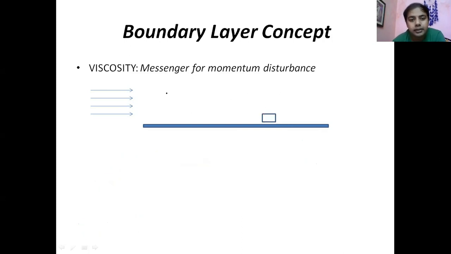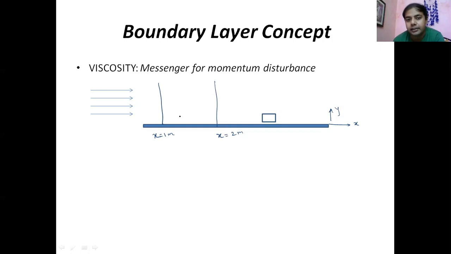Now here, whenever we are drawing the velocity diagram, you see the velocity is 0 at the plate. If you go one by one layer along this way, let's take it along the x direction and this along the y direction. At x equal to some values, x equal to 1 meter you are checking, x equal to 2 meter you are checking. What is the velocity?